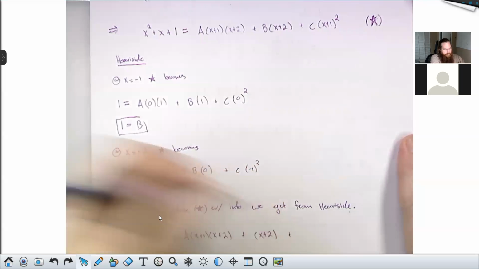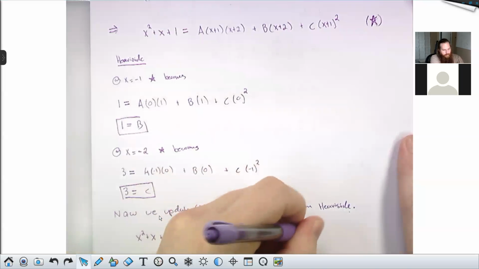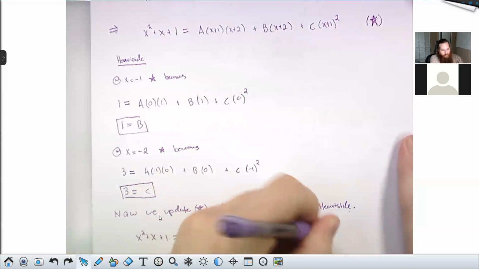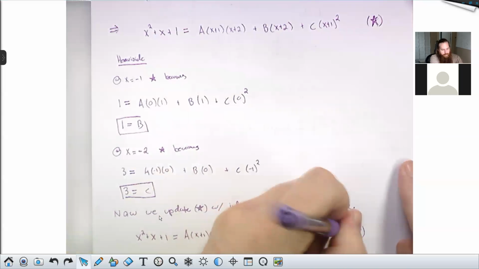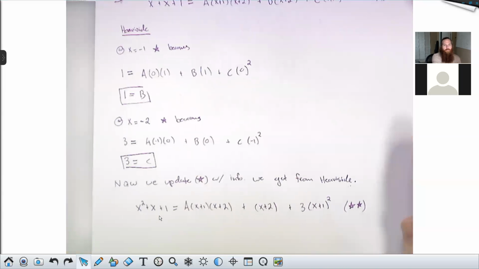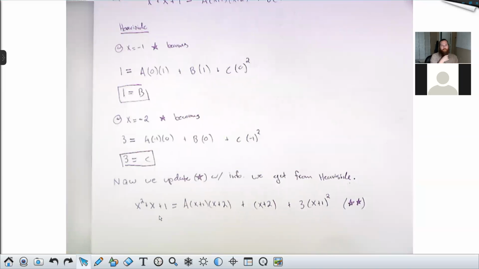And I know that c is 3, so this will be plus 3 times x plus 1 squared. I'll call this 2 star.